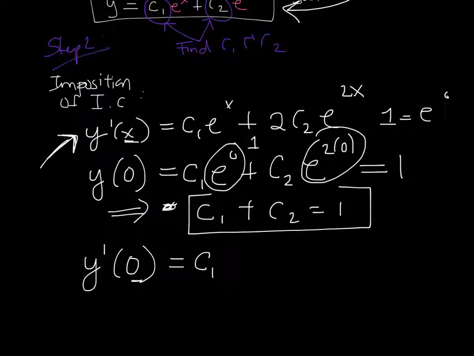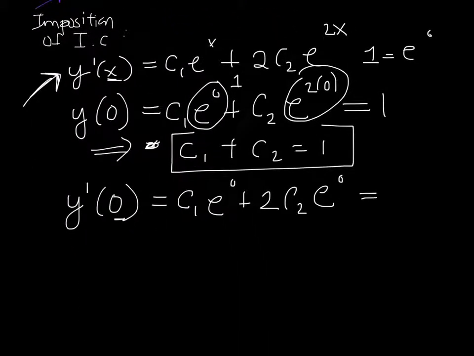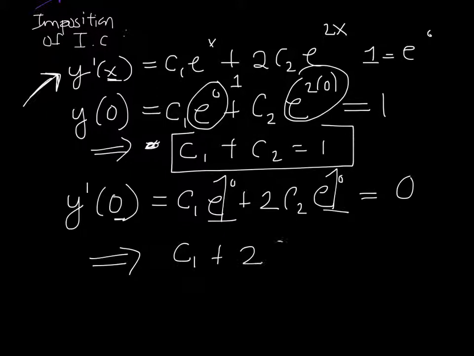So again, c1 e to the 0 plus 2 c2 e to the 0. And y prime of 0 is 0. So that's going to be equal to 0. And again, these are big 1s. So we get c1 plus 2c2 equals 0.